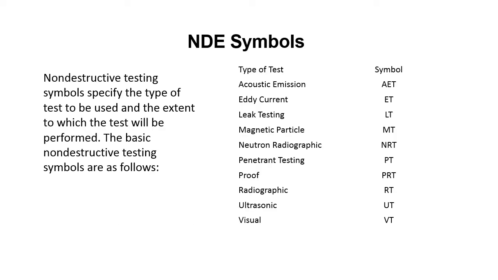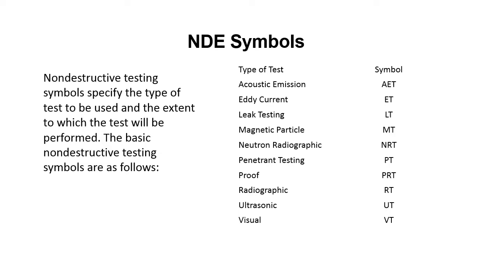NDE symbols. Here's a list of non-destructive testing symbols specifying the type of test to be used, and you can also list the extent to which the test will be performed. The basic non-destructive testing symbols are as follows: acoustic emission testing, eddy current testing, leak testing, mag particle, neutron radiography, penetrant testing, PT, radiography, RT, ultrasonic with UT, and VT with visual.